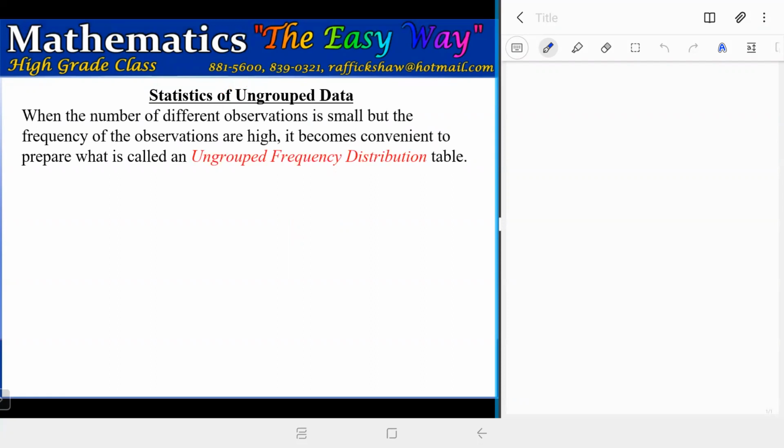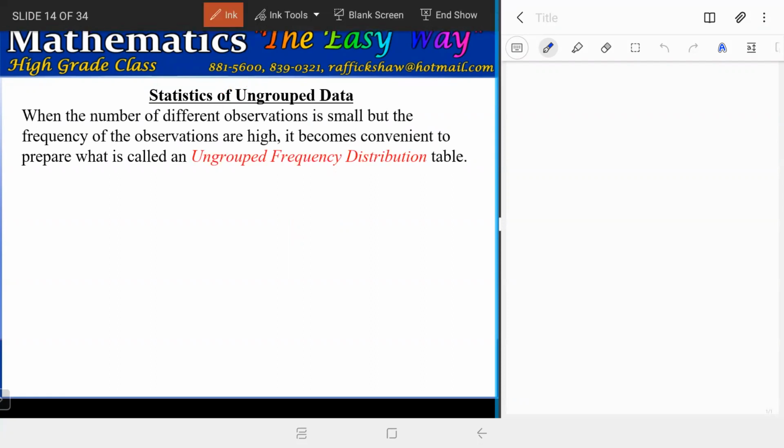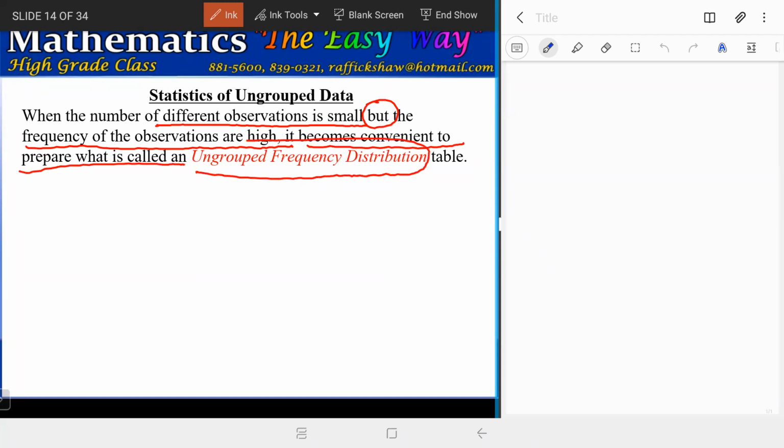So when you have a small number of different observations, but the frequency of the observations is high, it becomes convenient to prepare what we call an ungrouped frequency distribution table.